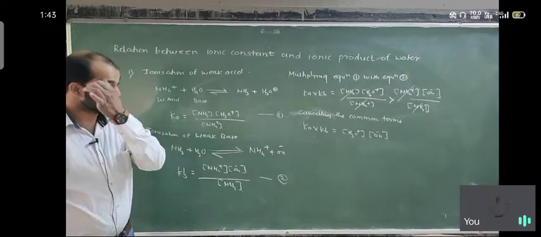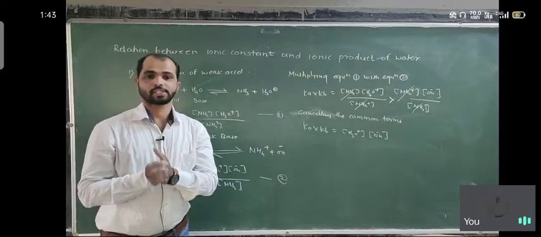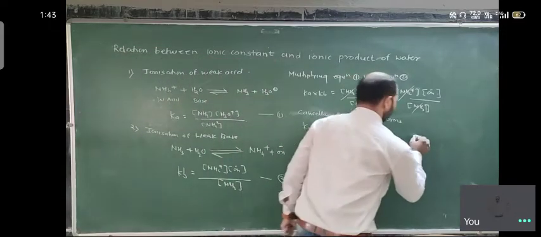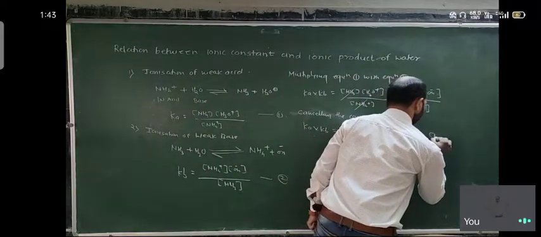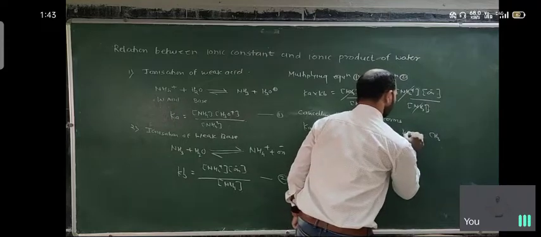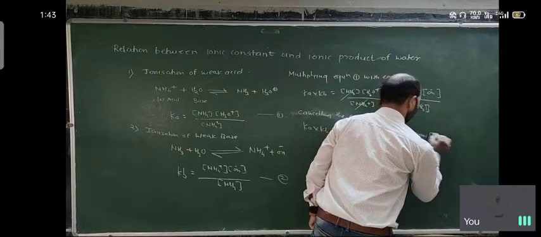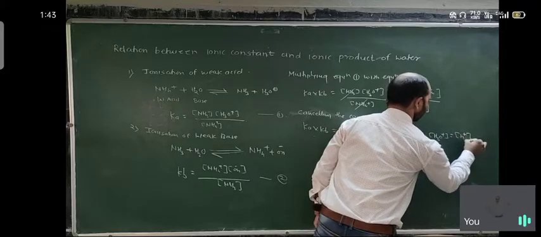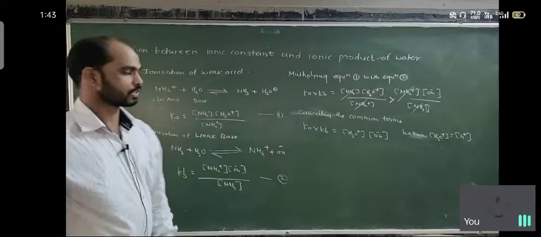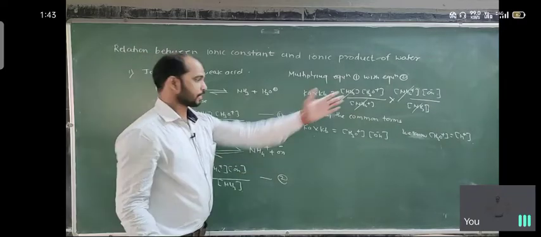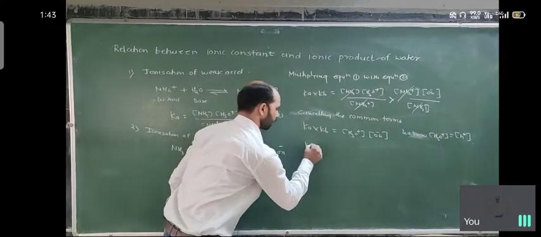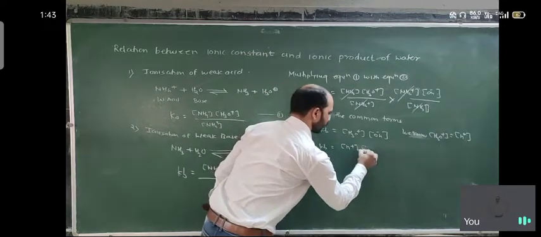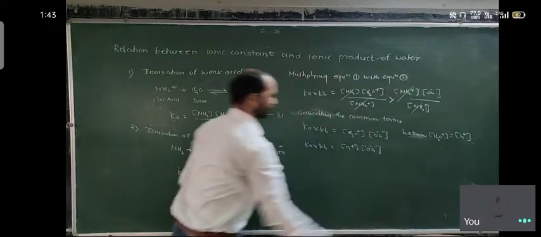But we already know that the H3O plus concentration is always equal to the H plus ion concentration. That means Ka into Kb is equal to H plus into OH minus, right?